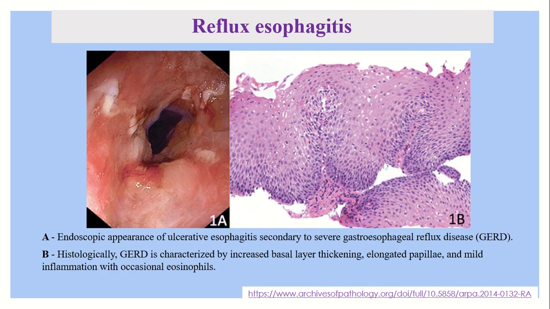Now let us investigate reflux esophagitis. Here you see the endoscopic appearance of ulcerative esophagitis that is secondary to severe gastroesophageal reflux disease. Histologically, gastroesophageal reflux disease is characterized by basal layer thickening, elongated papillae, as we see here, and mild inflammation with occasional eosinophils.